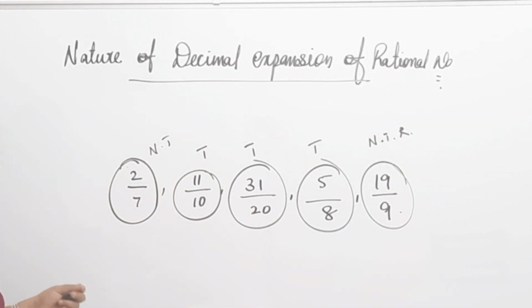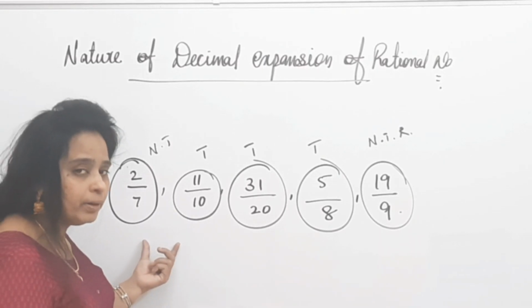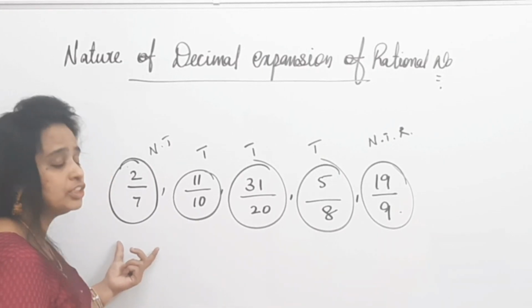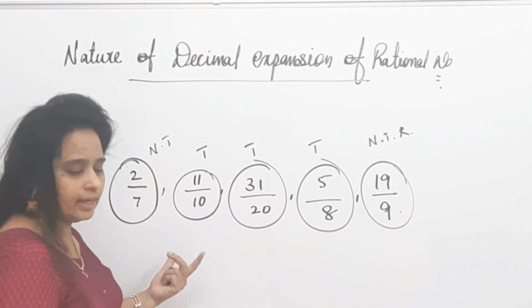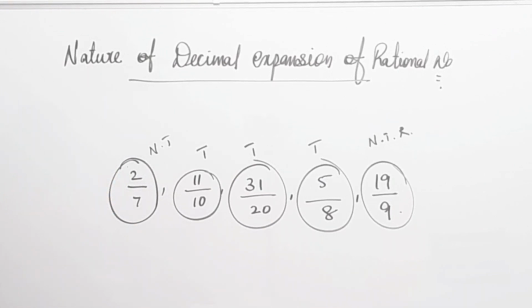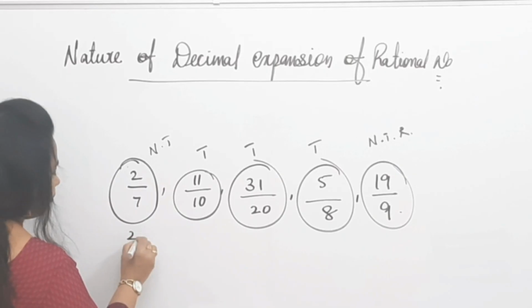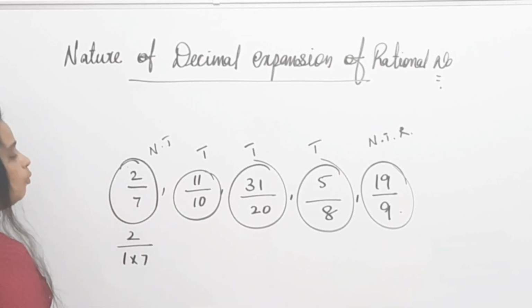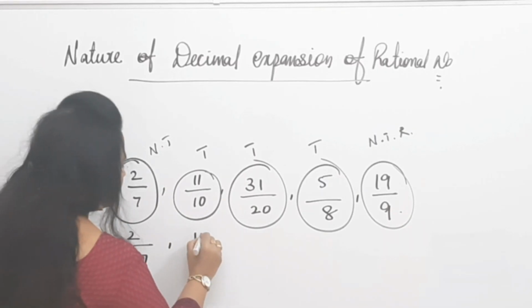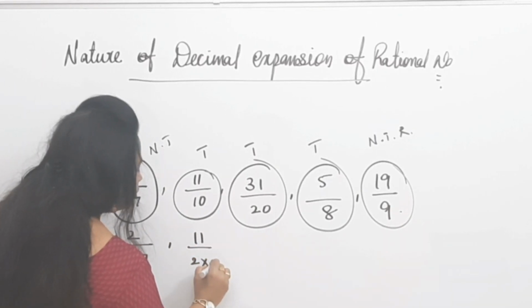Now, how can we say just by looking at the number whether the decimal expansion is terminating or non-terminating recurring? Please observe this number. The denominator's factors are 1 into 7. Here the factors are 2 into 5.